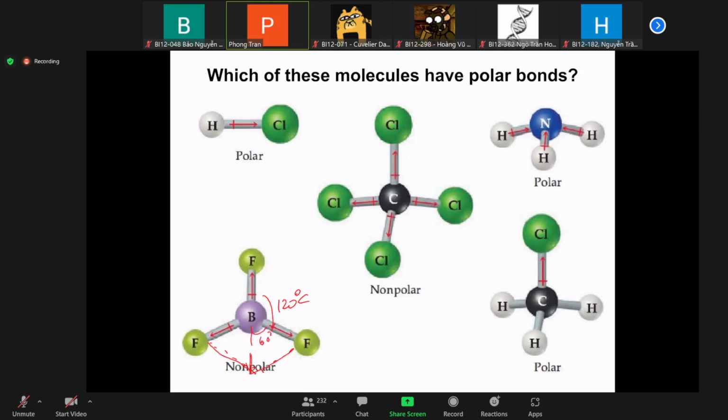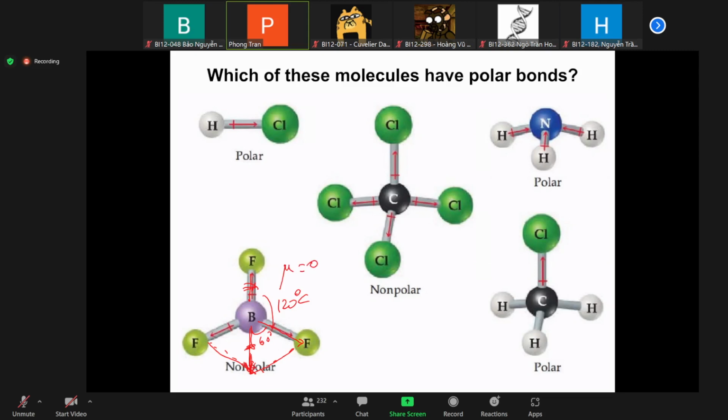So the combination of these two vectors will be exactly identical to this one, but in the opposite direction. So the final combination will be equal to 0. That's why the dipole moment of this one equals 0, and this compound is non-polar.